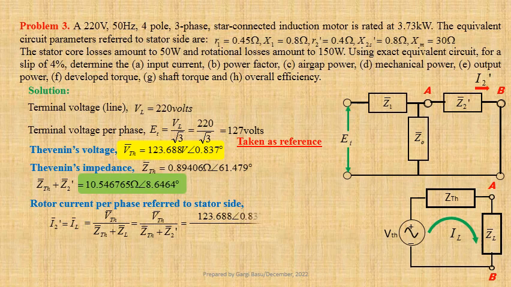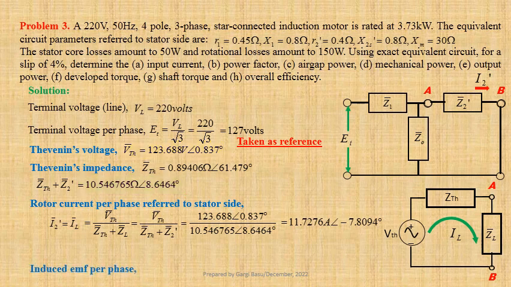123.688 at an angle 0.837 degree divided by 10.546765 at an angle 8.6464 degree, that is equal to 11.7276 ampere at an angle minus 7.8094 degree. Expression for induced EMF per phase E1 equals Z2 dash into I2 dash.